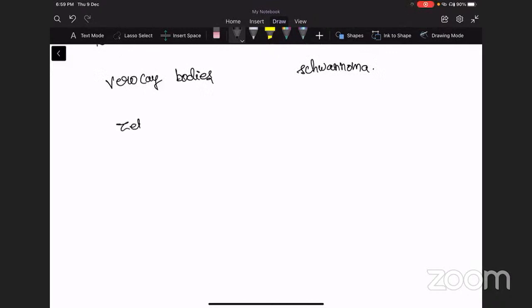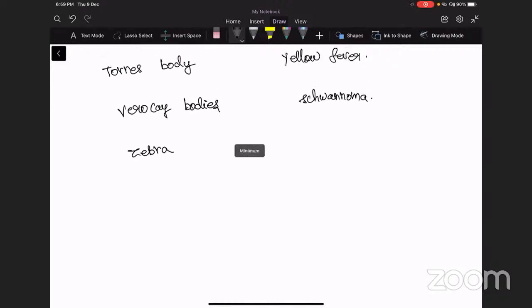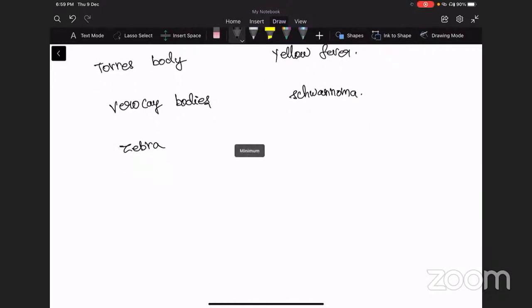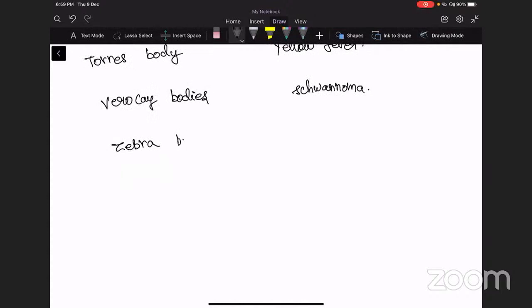Yes, Priyanka Maharajan, correct. Torres bodies are seen in yellow fever. Zebra bodies are seen in metachromatic leukodystrophy.